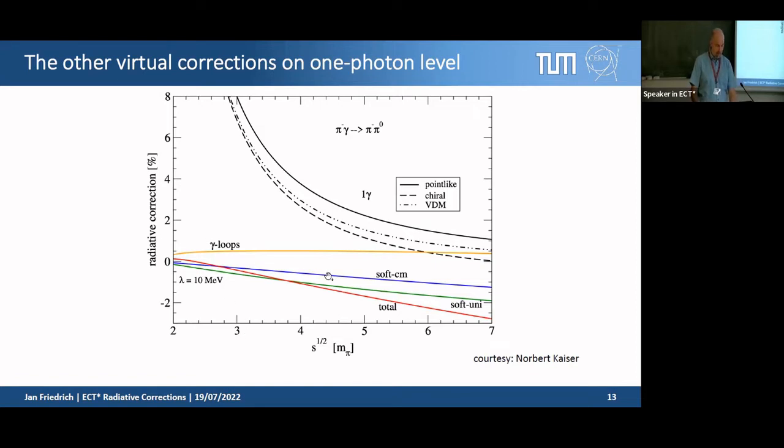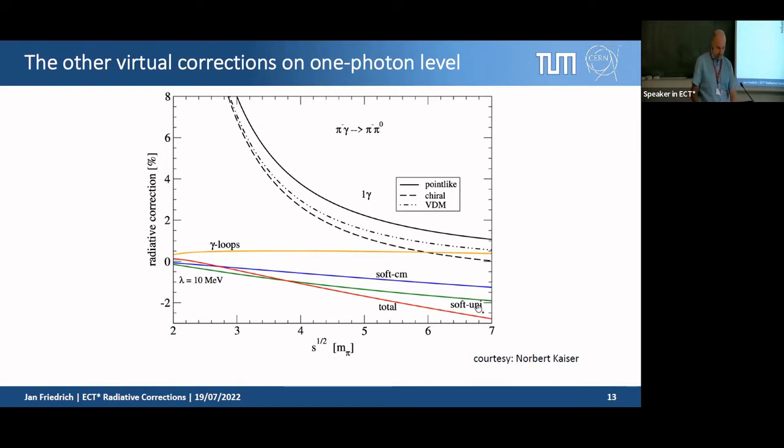And then you have 2 contributions from real photon emission that we come to later. There is a so-called CM contribution, which is formally the more challenging one, which is the term which is independent of the photon energy, and the so-called universal factor, which in soft photon approximation is independent of the frame in which you evaluate it.